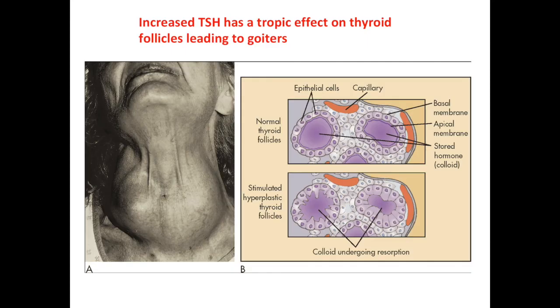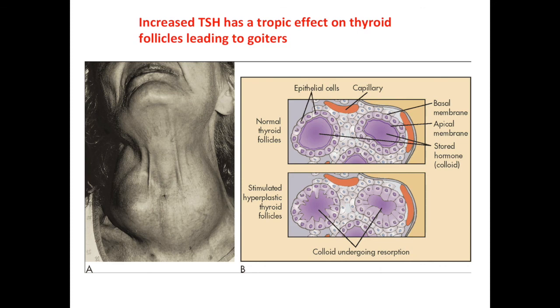And obviously, if you don't have enough iodine, then you're not able to secrete enough thyroid hormone to inhibit the release of TSH and TRH from the pituitary and the hypothalamus respectively. And so without enough iodine, you don't get thyroid hormone, but you still get the signals from TSH.